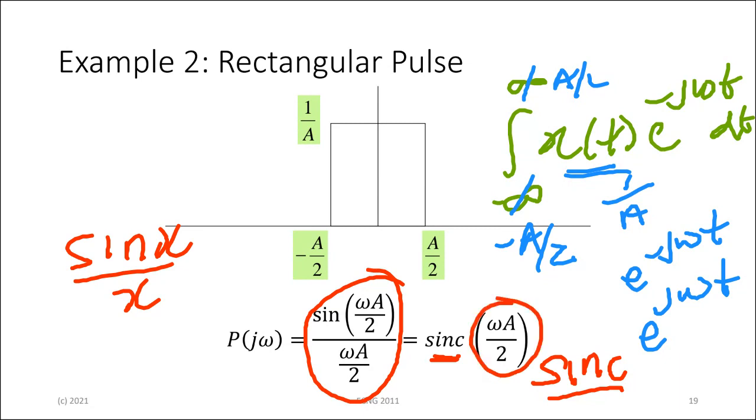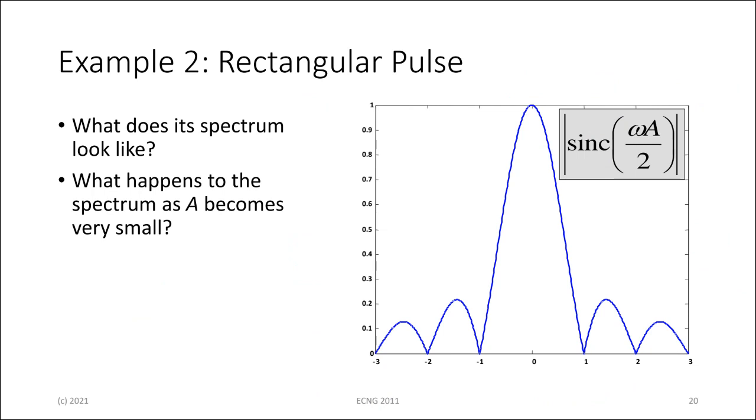Now, what does that look like if you plot it? You have to remember that you're plotting in radians, so you're calculating the value of sine omega a over 2 in radians. If you plot it, you get a function that looks like this. This is the magnitude of the function. The actual sinc function looks like this.